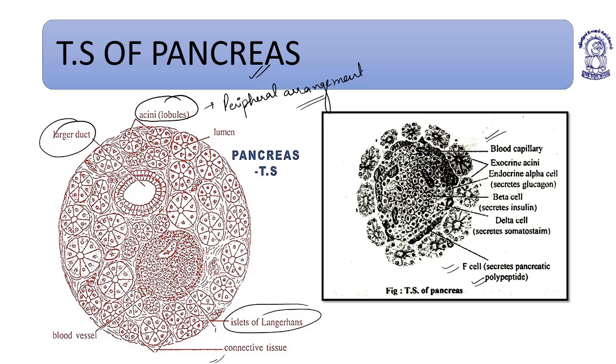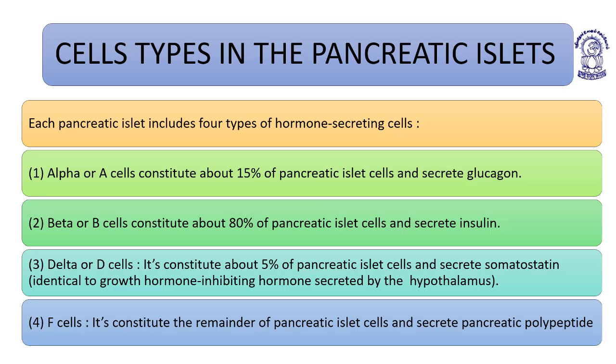Alpha cells secrete glucagon, beta cells secrete insulin, and the F cells secrete pancreatic polypeptide. Delta cells secrete somatostatin. Understood? So this is the transverse section of pancreas, although it is not very clear, it will help you.